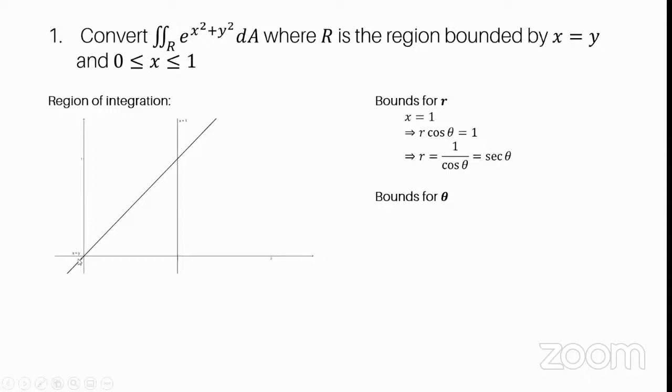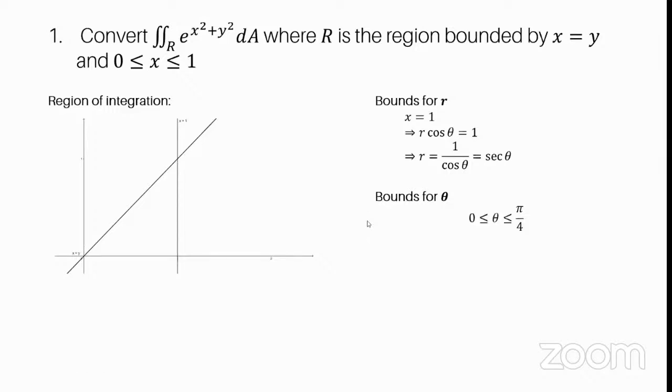Anong theta nagiging equal si x at si y? In this case, r cosine theta equals r sine theta, and then you'll get tan theta equals 1. Tan theta equals 1 whenever theta is equal to pi over 4. So, you'll have from 0 to pi over 4.